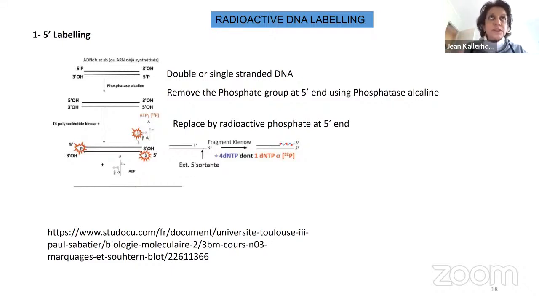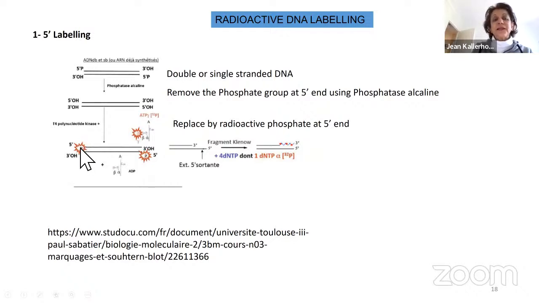You know, drones go around and look for things, right? A drone may be looking at maybe a tree that is on fire, okay? And you in your forest, you cannot see it, but the drone will. So this probe is like a drone. It will go and look for the complementary sequence.